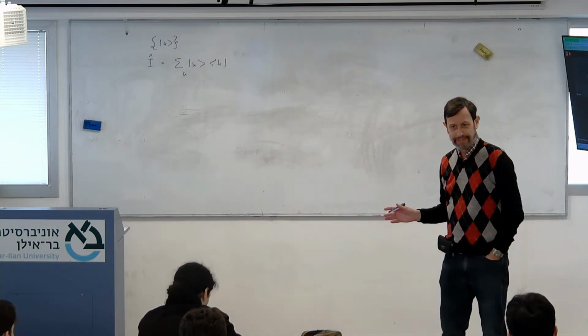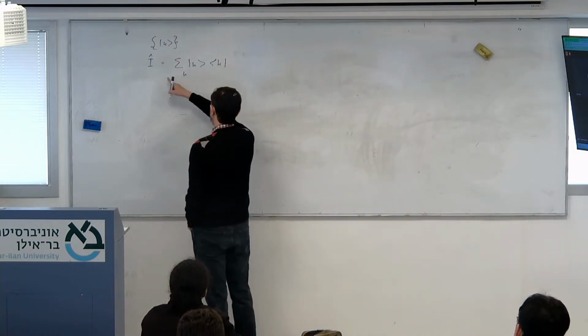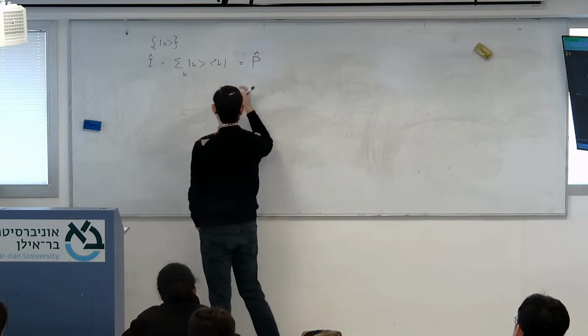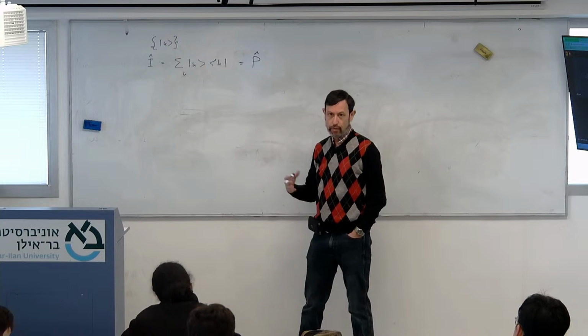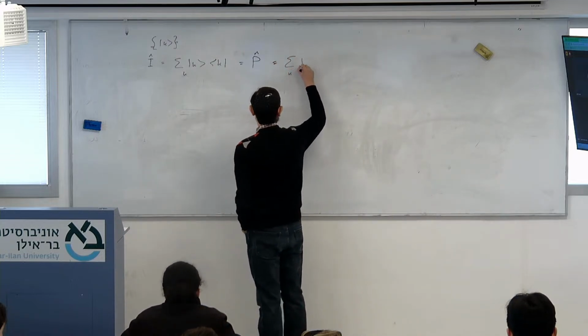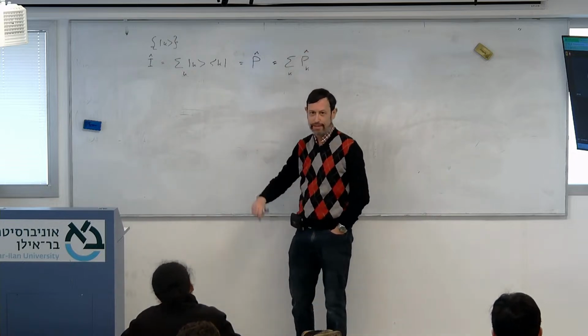We proved last time that this is the identity, and sometimes, perhaps I didn't use the notation, it's used as P, which is the sum over K of P of K, which we defined in the previous lecture.